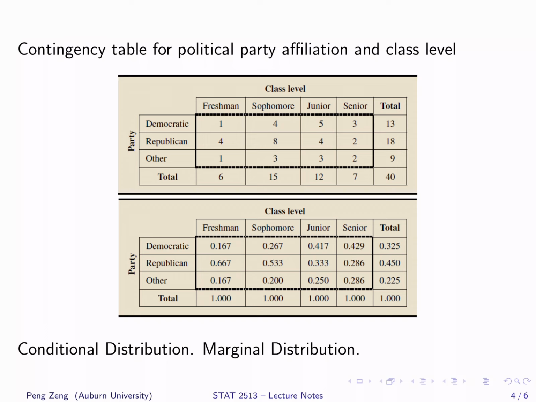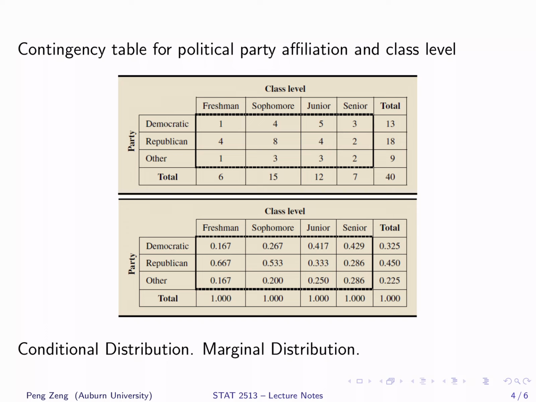We can divide each number in this table by the corresponding column total. For example, the first cell, Democratic and freshman, the frequency is 1. We divide it by 6, the total number of freshmen. The value is essentially a conditional distribution. It means the conditional probability of Democratic among freshmen.